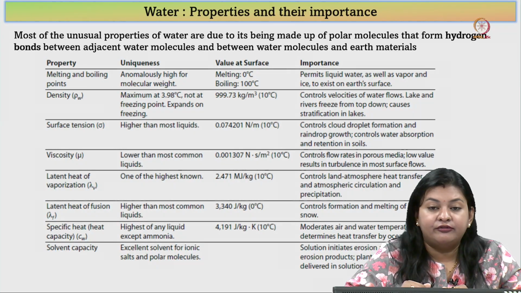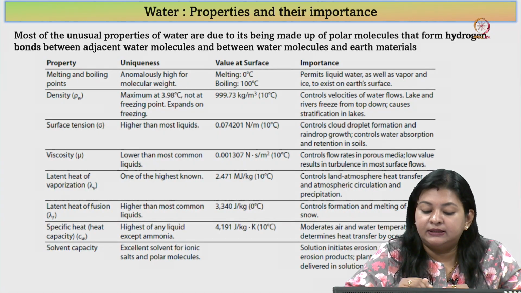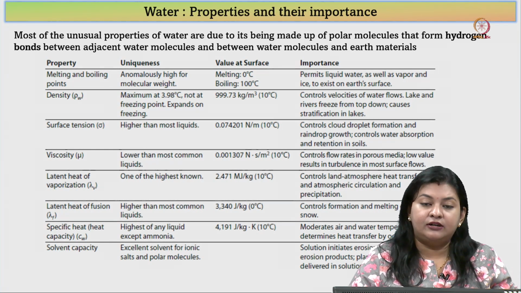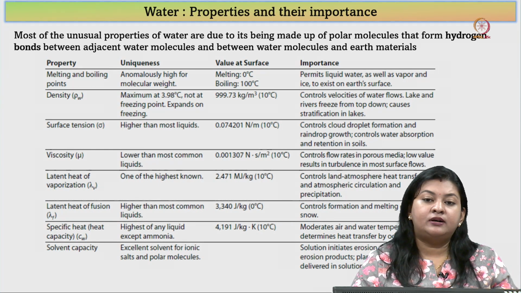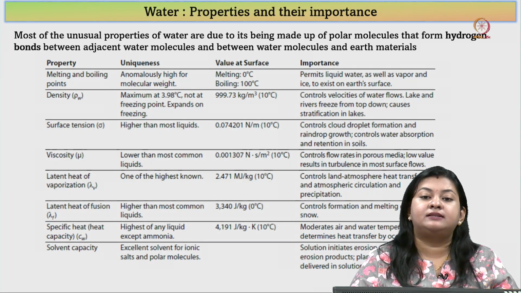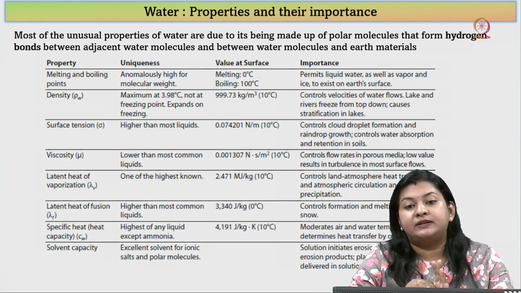Latent heat of vaporization is one of the highest known values, that is 2.471 megajoules per kg, at 10 degrees. What is this latent heat of vaporization? That means water at 100 degrees will take a certain amount of energy to change its phase to water in the vapor phase.